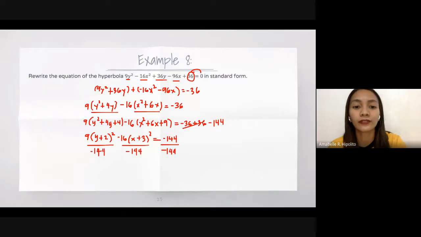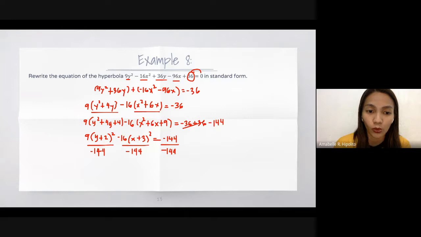So, let's divide 9 divided by negative 144. So, that is 1 over 16. Diba? Negative 1 over 16 since may negative dyan. So, magiging negative 1. So, eto, may imaginary 1 na siya. So, y plus 2 squared all over 16.